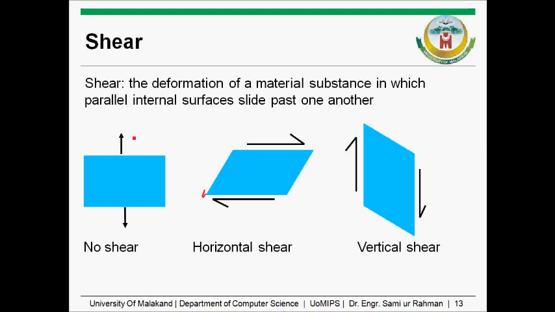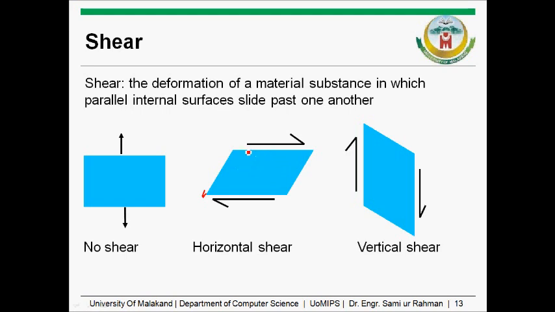If I apply a force vertical to the surface, that wouldn't be considered shear, but the force should be along an axis, not vertical to the axis but along the axis.